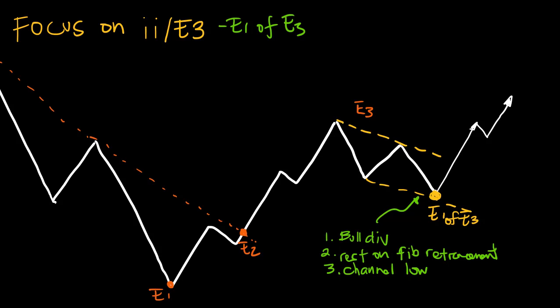A trader can use a failure swing technique to buy and correctly time the move right at the E1 of E3. After an intraday bullish divergence has happened at the said confluence levels, a trader can buy the stock once it pivots up and performs a neckline break.